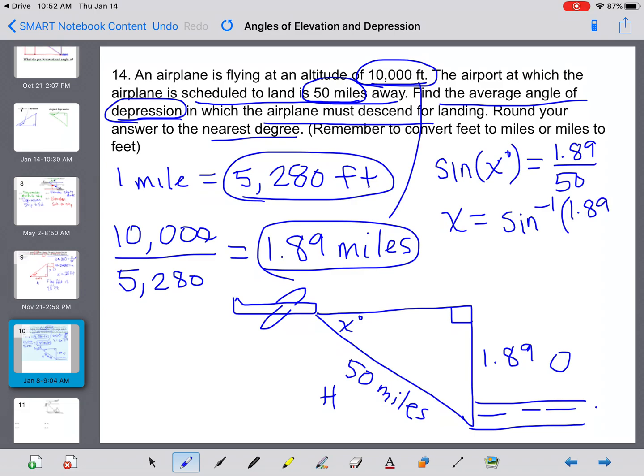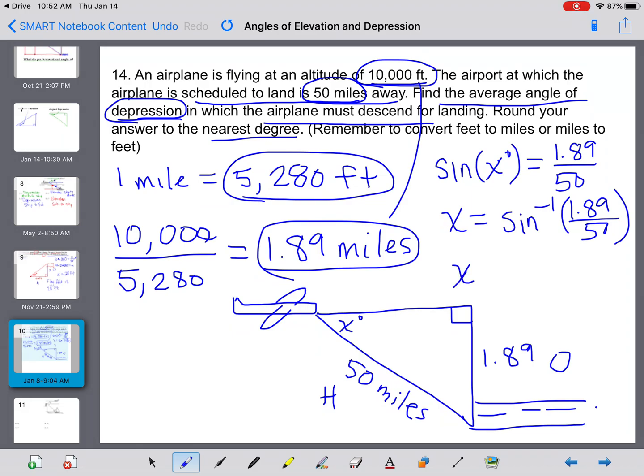So we grab our calculator, we make sure that it's in degree mode, otherwise we're going to get a weird answer. So we make sure it's in degree mode, and now we can use the sine inverse of 1.89 divided by 50.